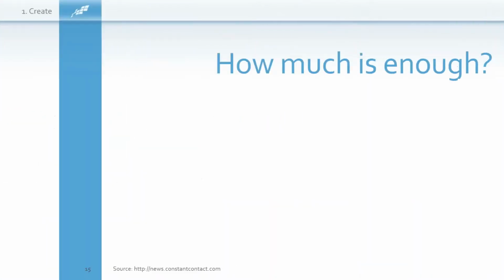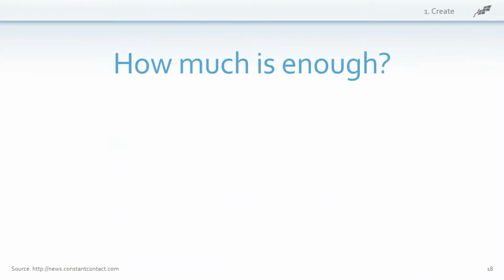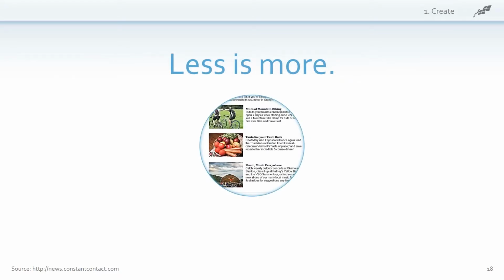So let's look at creating emails. How much is enough? I know it is a little bit different depending on what industry you're in, but the numbers I'm going to give you now are the ones that Constant Contact has come up with, not looking at content, but just doing statistics on emails that are sent out.